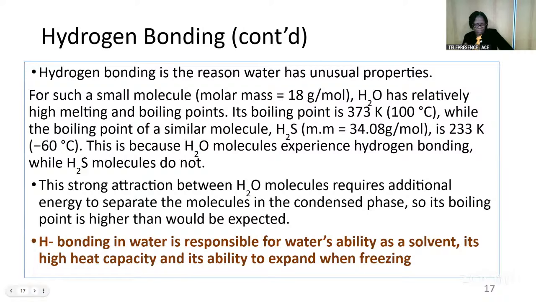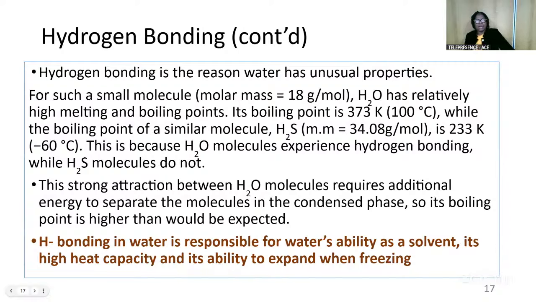So if you compare it with H2S, H2S has molecular mass that is almost double that of H2O, but the boiling point of H2S is just minus 60, whereas boiling point of water is 100 degrees Celsius. This is because H2O molecules experience hydrogen bonding while H2S molecules do not.